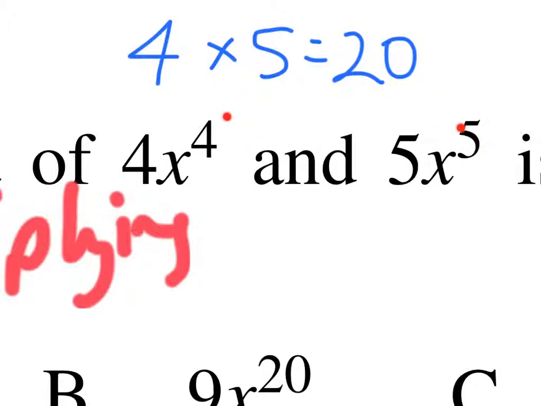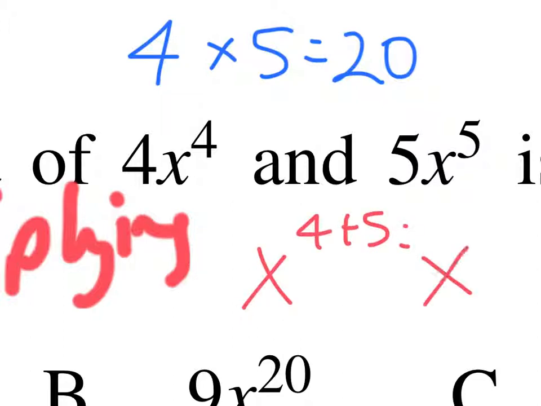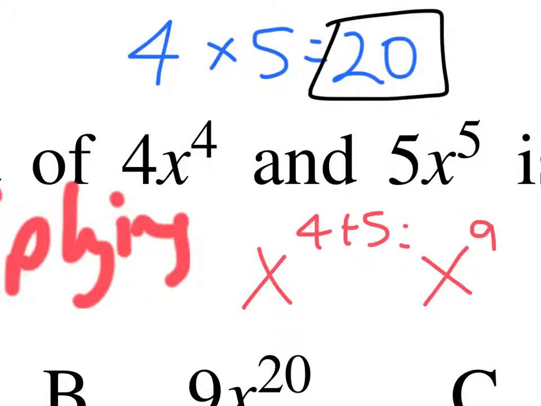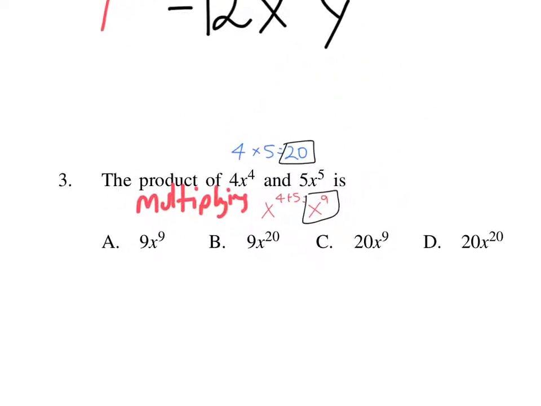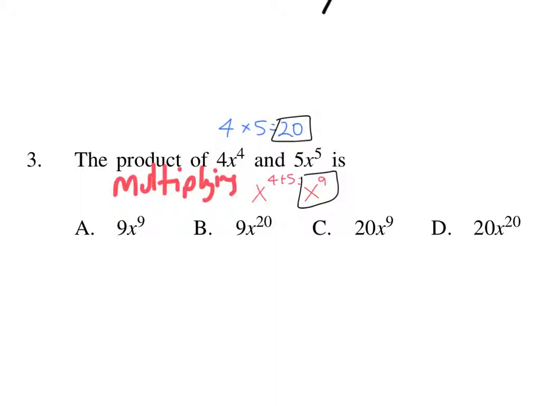We're going to be adding these exponents. So x to the 4 plus 5 is x to the ninth. Now we got to combine these, right? 20 and x to the ninth. Let's see if that's an option. And it sure is. I can see that it is option number C, 20x to the ninth.